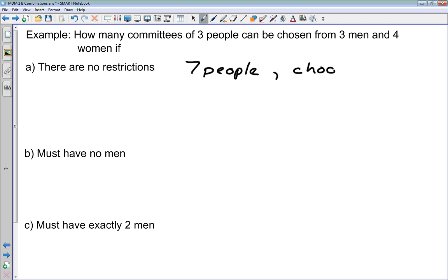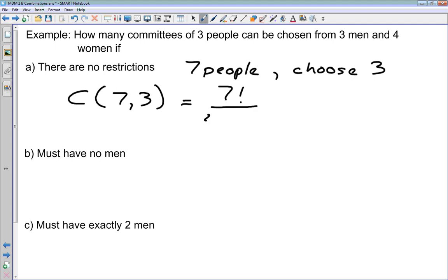We just need to choose 3 of them to be on our committee. So the answer is going to be 7 choose 3. And we can work out what this is. 7 factorial divided by 4 factorial divided by 3 factorial. Punch it into our calculator. We get 35.